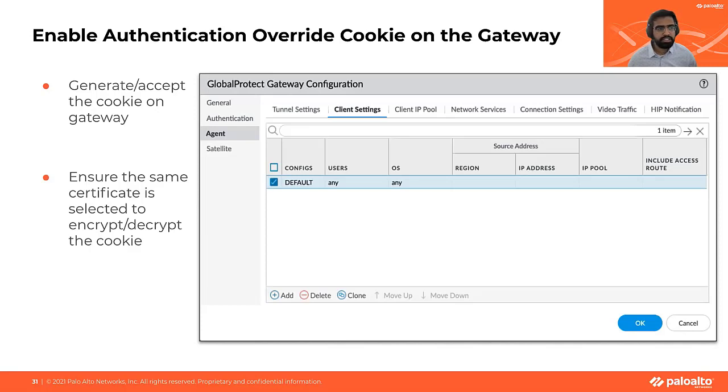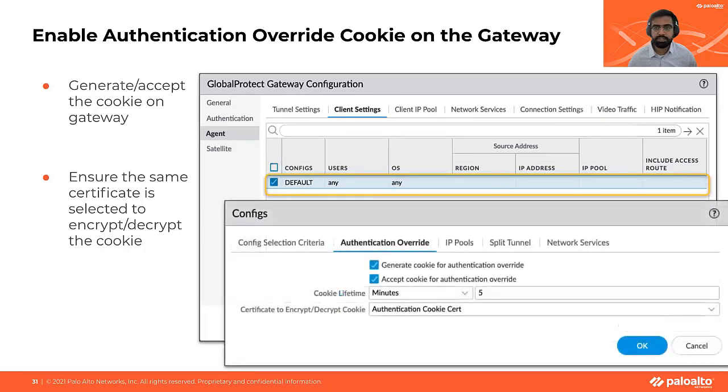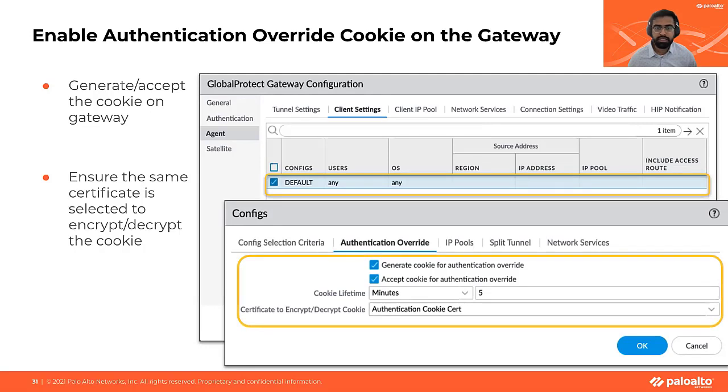So similarly, on the gateway, you could generate the cookie and accept the cookie for authentication override by selecting the checkboxes that are visible in the gateway client authentication configuration. And similar to the previous section, by selecting generate cookie for authentication override, this will allow the gateway to generate an encrypted endpoint-specific cookie.